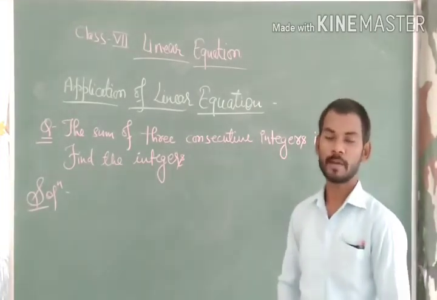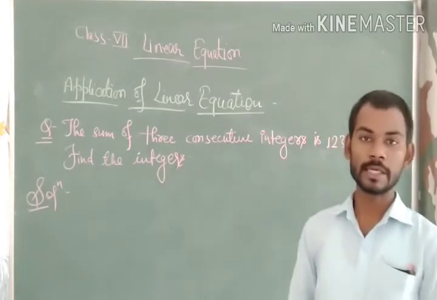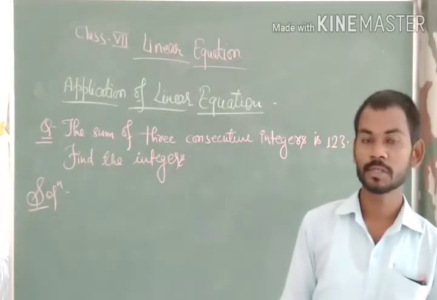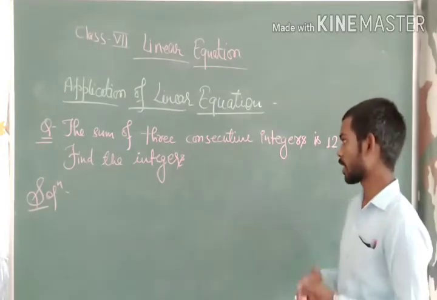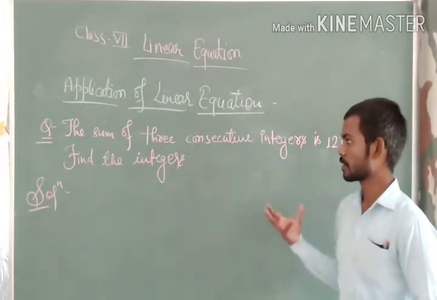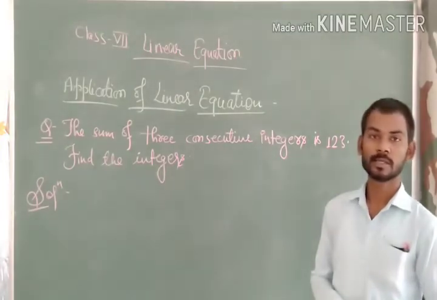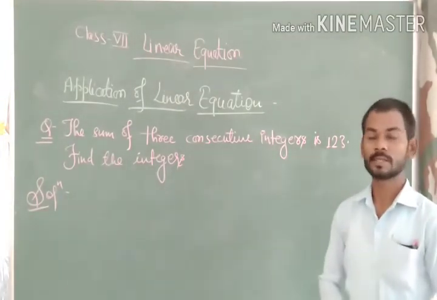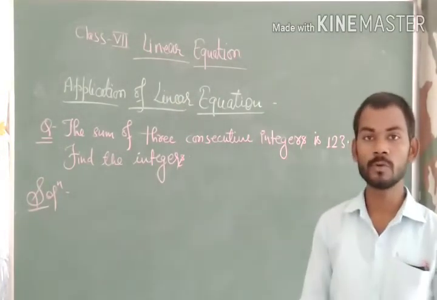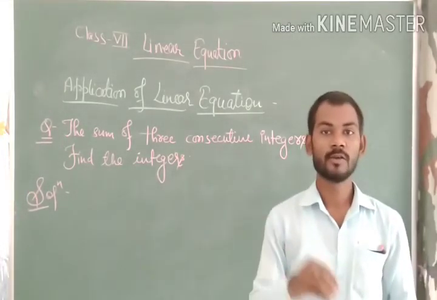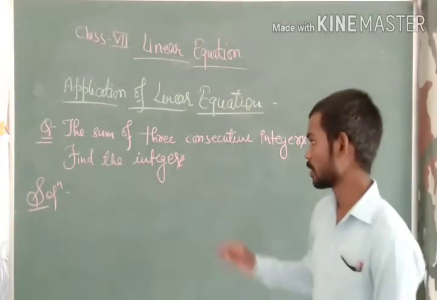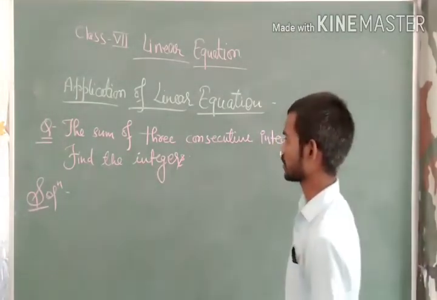Here we have to find three integers for which the sum is 123. The unknown quantity in the question is the three integers. That means we have to consider the integers as a variable. So let us start the solution.